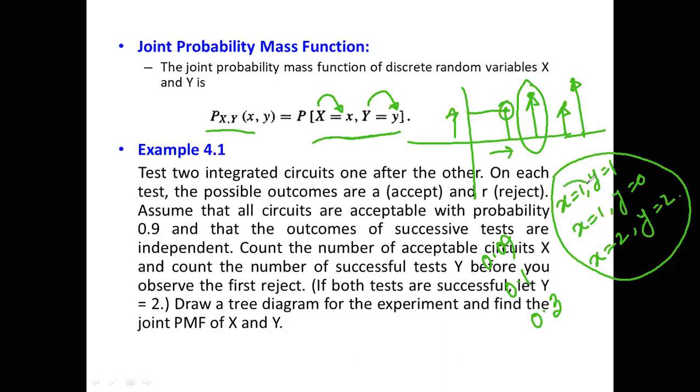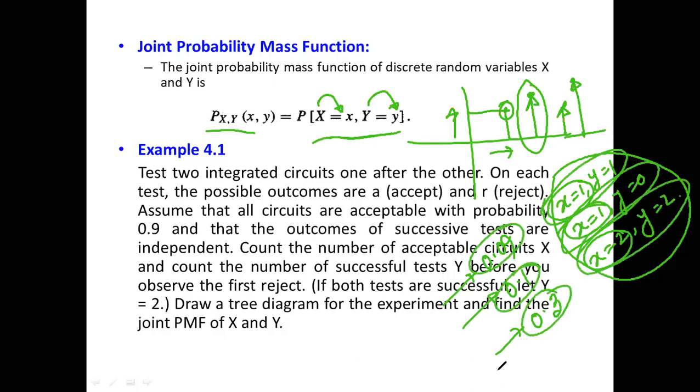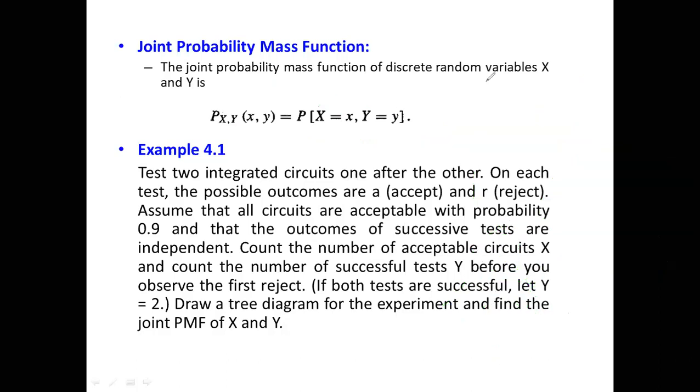Previously, for a particular value of x, there was a probability. But now a combination of x and y will have that value of probability. So I think this is clear now. Let's see the example, then it will be more clear.